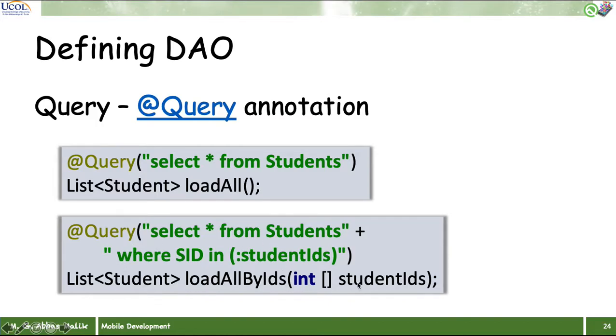If only one student exists, then it will be a list of only one student. If no student ID exists in the students table, then it will return a list of students, but it is an empty list. So you can simply check list.size. If size is 0, it means nothing has been returned by the database when we execute the specific query.